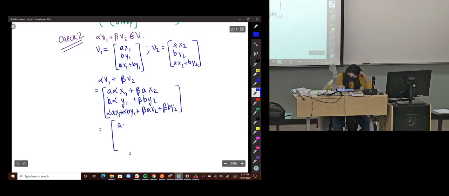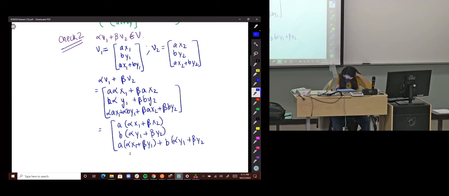So this becomes (a times alpha x1 plus beta x2, b times alpha y1 plus beta y2), and the third component becomes a times alpha x1 plus beta x2, plus b times alpha y1 plus beta y2.